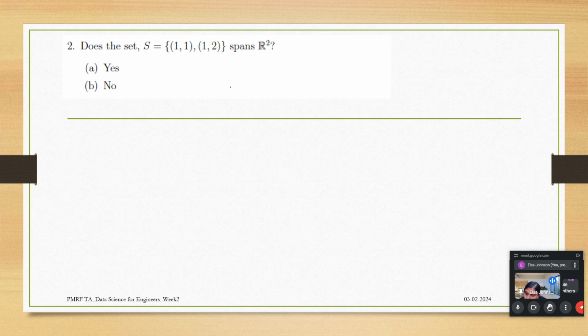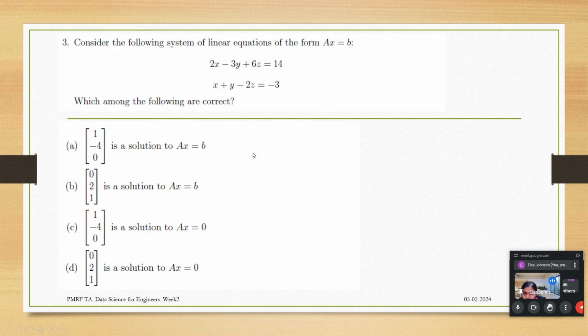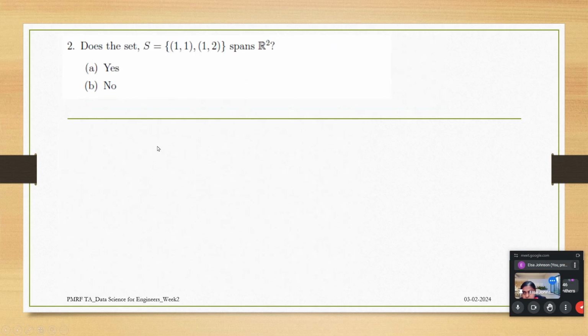So this one also, if you see these two things, it will be looking like S equal to, wait a moment, S equal to 1, 1, it will be coming like that.